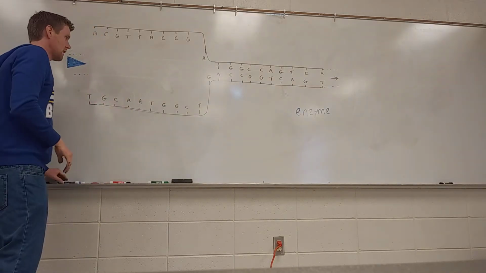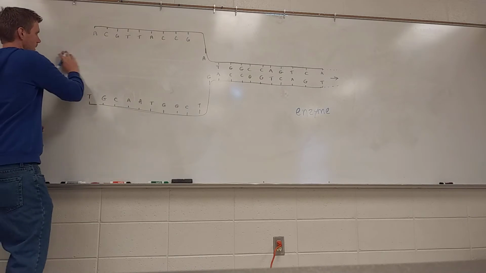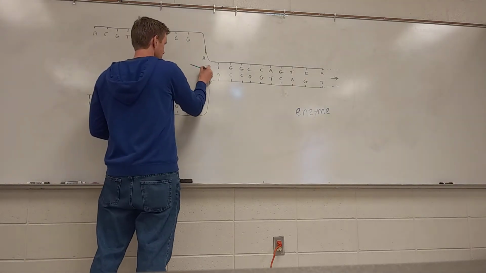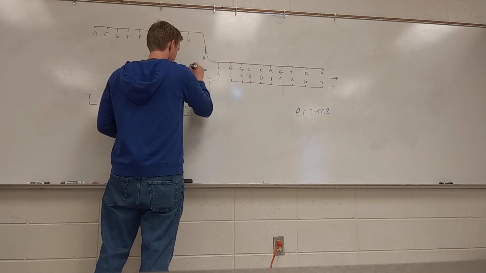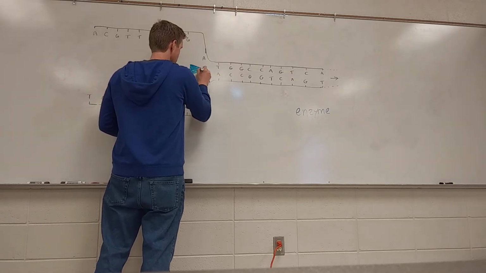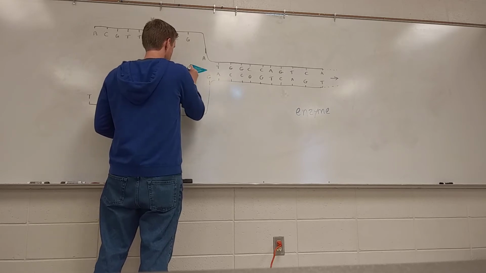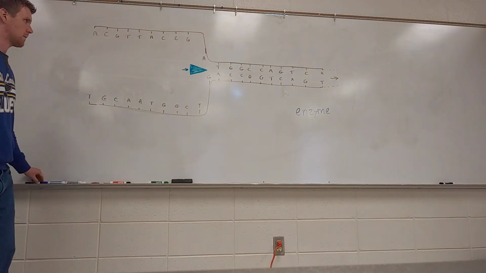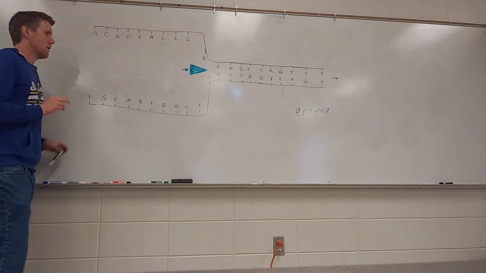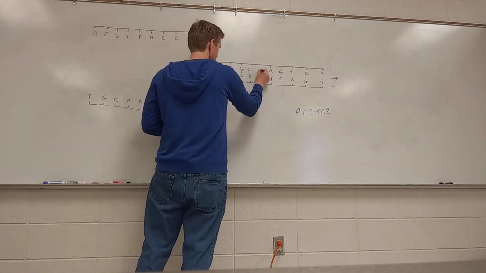So helicase has unzipped the DNA, separated the two strands, and it is continuing to move like we see here, unzipping the DNA as it goes along. Now, those bonds between members of a base pair, they're strong bonds.